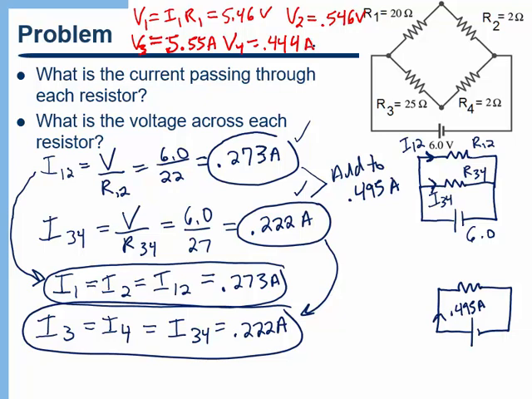We know that the voltage from here to here has to be 6 volts. So you'll notice that if you add the voltage across this plus this, that should equal 6, and it basically does. And if you add the voltage across this plus the voltage across this, that should also equal 6. And within our sig figs, it does.